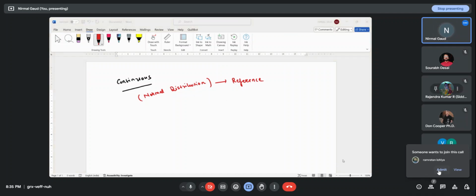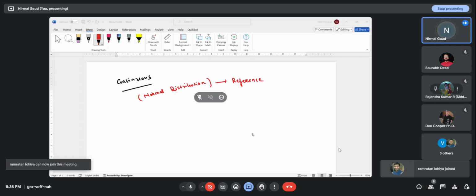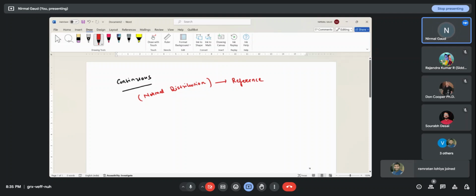It's an important distribution because the properties of normal distribution say that it is symmetrical, it has a bell shape, and it has mean, median, and mode all equal.